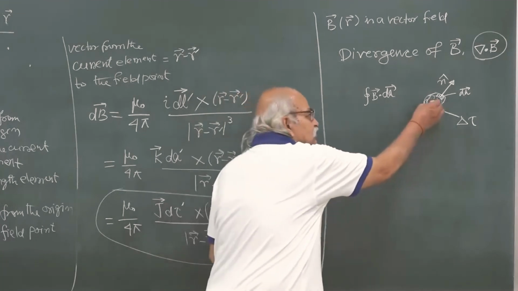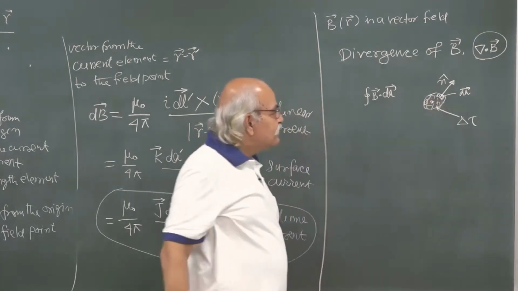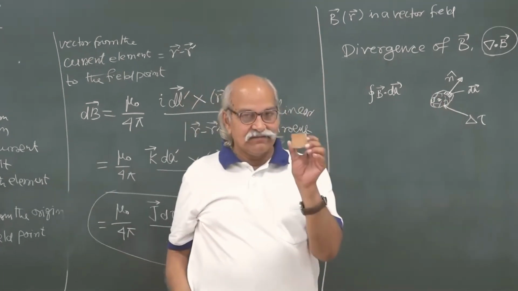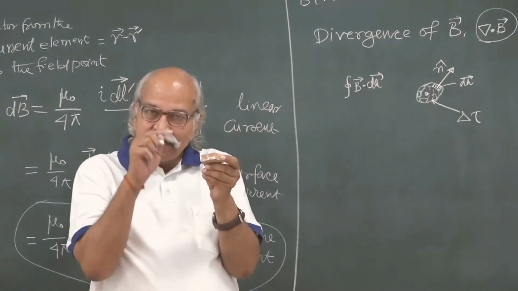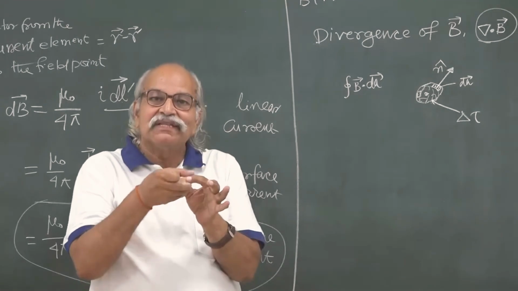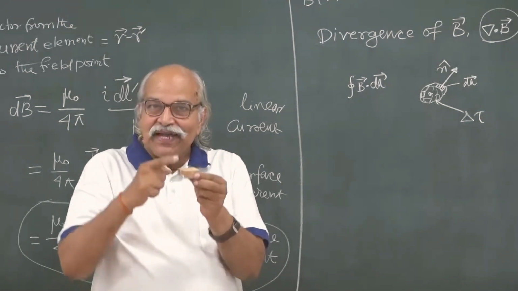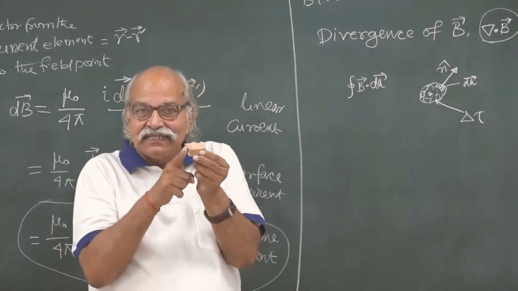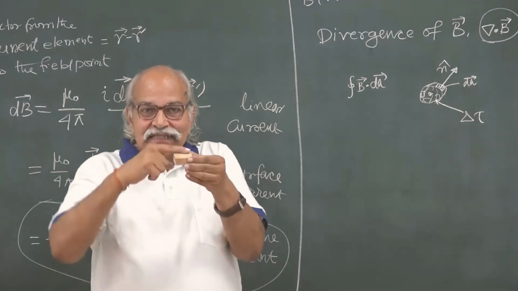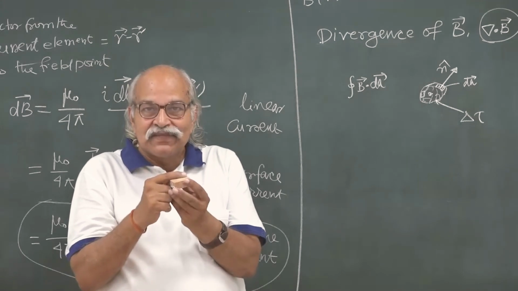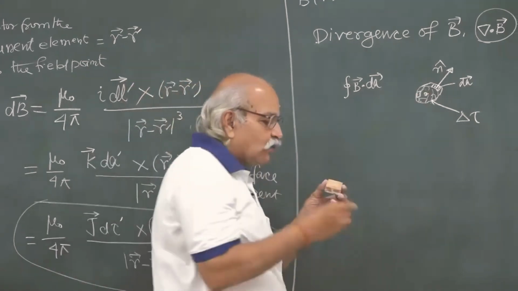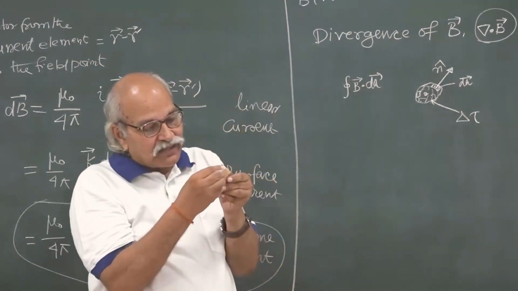Suppose the volume that we take here is of this kind. Inside there is a point P and around that point P we have constructed this volume, and here is the surface, this is a surface, this is a surface. This whole thing is the surface of that closed volume. On this surface you take a small part.